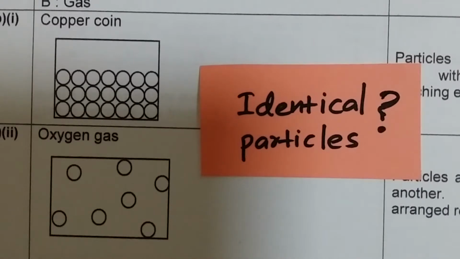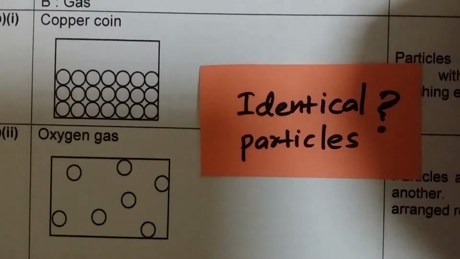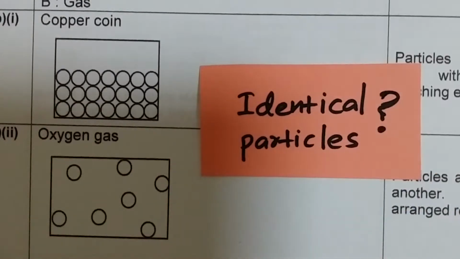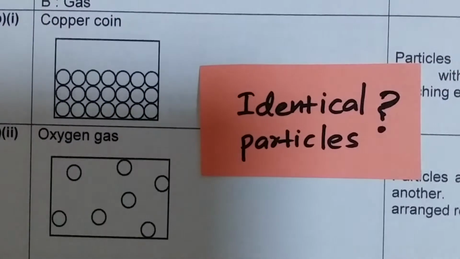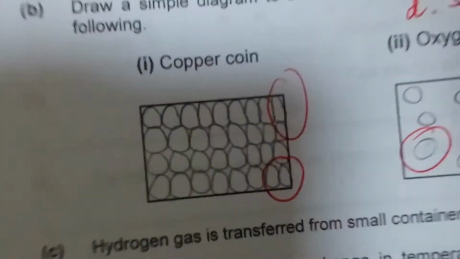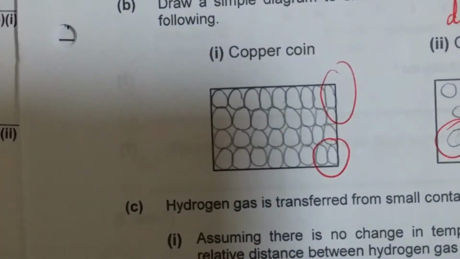So now let's take a look at the different answers provided by different students and how to improve our answers. Usually we draw the particles in circular shape.